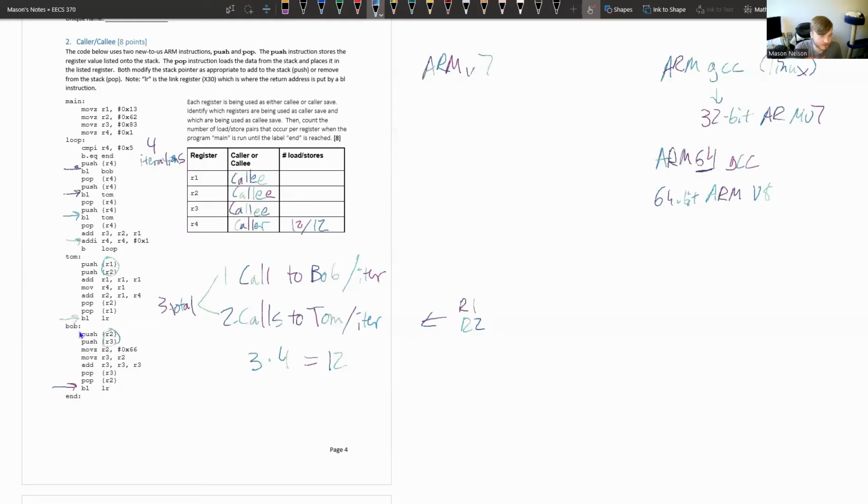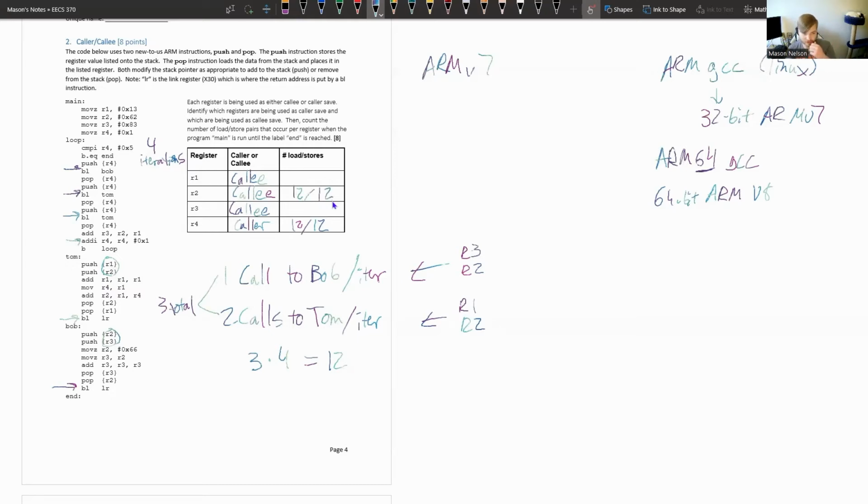Every time we call Bob, we're saving register 3 once and register 2 once. So register 2 is being saved every function call, because the only 2 function calls made are Bob and Tom. And so register 2 is going to be saved just as often as register 4, 3 times per iteration of main, 4 iterations total. So register 2 will be saved a total of 12 times.